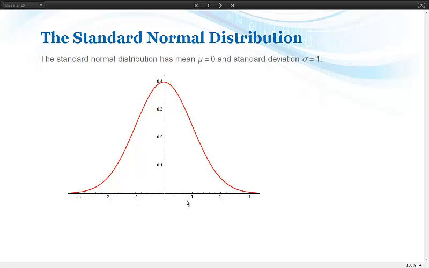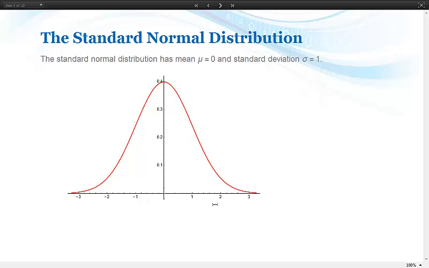Between -1 and 1, remember, within one standard deviation each way, we get about 68% of our values according to our empirical rule. Well, about 68% of the area is contained within plus or minus 1 standard deviation. If I go 2 standard deviations up and 2 standard deviations down, that's most of the area under the curve.